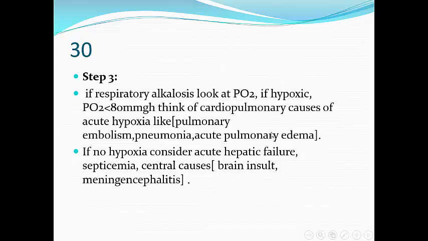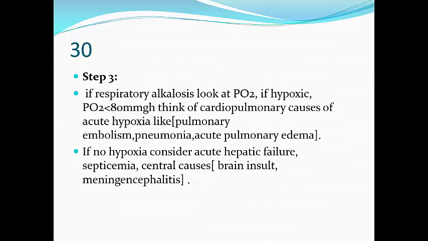So, in acute cardiopulmonary causes of hypoxia, the patient will be tachypneic, so he will wash out CO2 acutely and develop acute respiratory alkalosis. For any respiratory alkalosis, you should think about hypoxia. Third step, to get the causes of acute respiratory alkalosis and hypoxia.